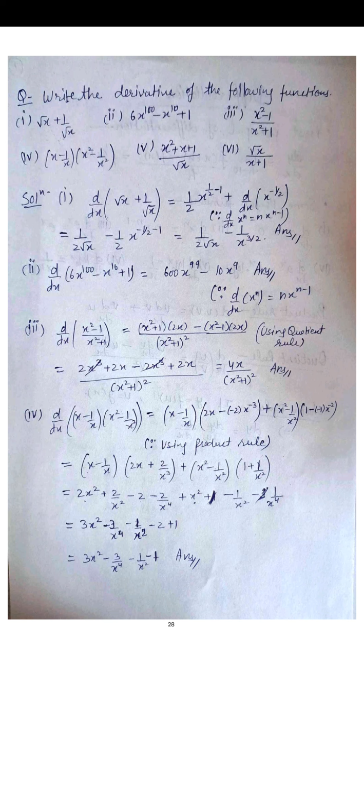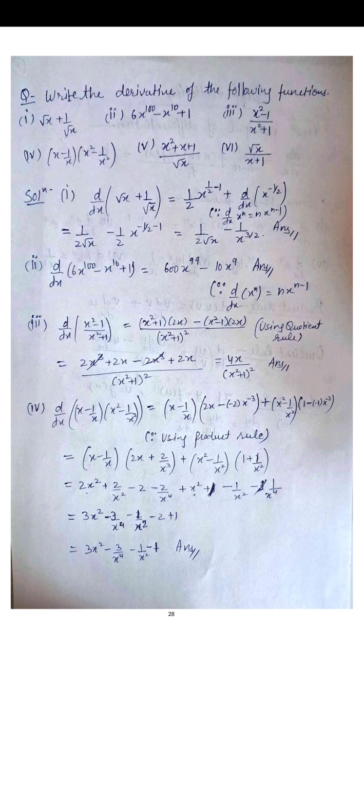We use this formula n x to the power n minus 1. So we get the derivative of root x is half x to the power 1 by 2 minus 1, plus derivative of 1 upon root x, that is x raised to the power minus 1 upon 2.